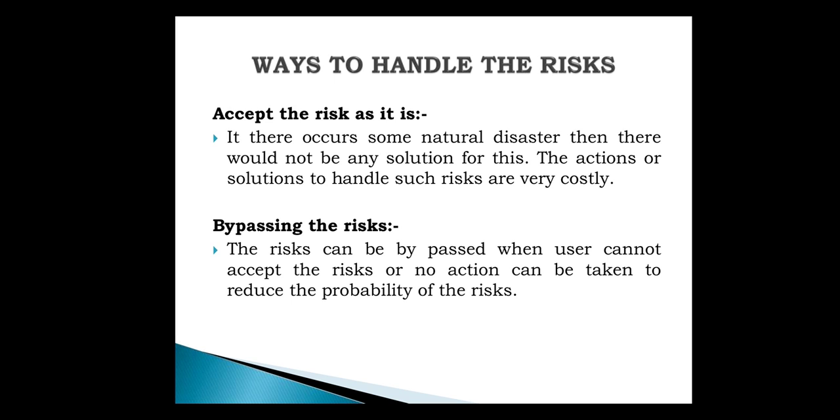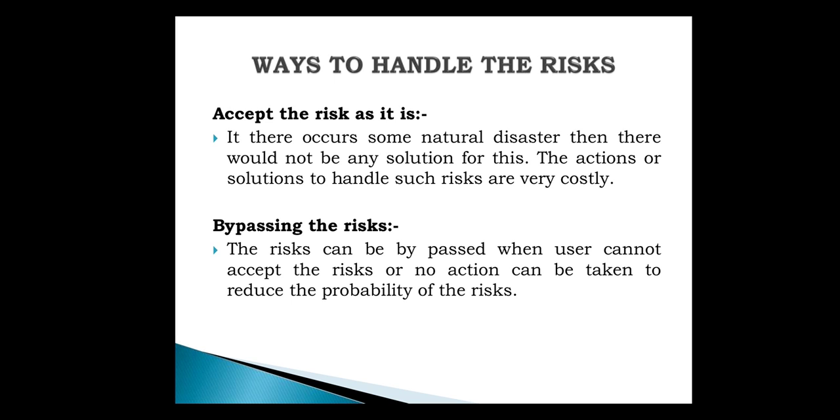There are ways to handle the risk, and there are only two. Either we accept the risk as it is, or we ignore it, that means we bypass the risk. First, accept the risk as it is. If some natural disaster occurs, there would not be any solution for it.